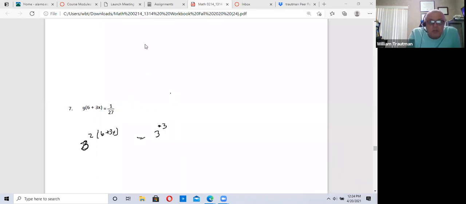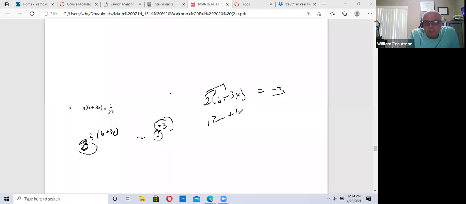So the base is equal. That means the tops have to equal: 2 times the quantity 6 plus 3x has to equal negative 3. Distribute: 12 plus 6x equals negative 3.